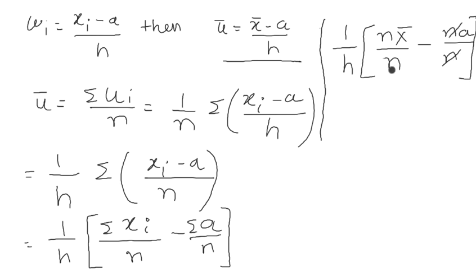So n and n will get cancelled. So I got the equation (x bar minus a) upon h. So this is nothing but u bar. So if ui is equal to (xi minus a) upon h, then u bar is equal to (x bar minus a) upon h.